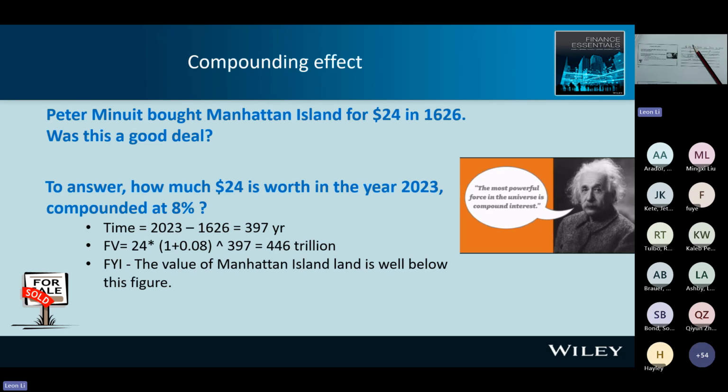You cannot compare $24 from 400 years ago with today's price. This comparison makes no sense because of the time value of money. So you move $24 to today, and the result is over 400 trillion. Then you make a comparison. You can see the price today is lower than this value. So this is the point.